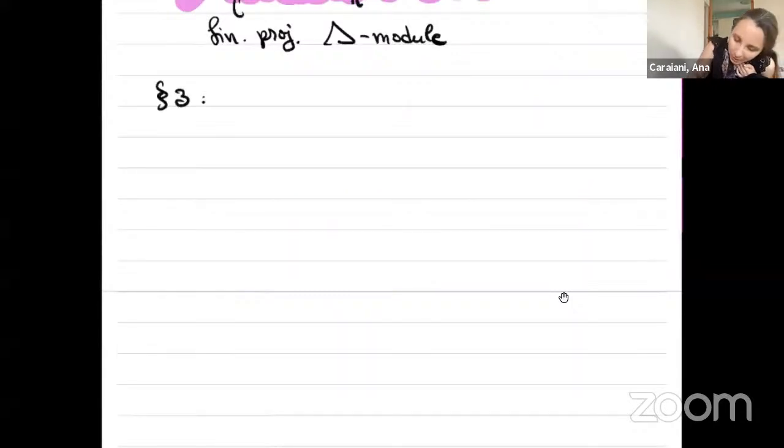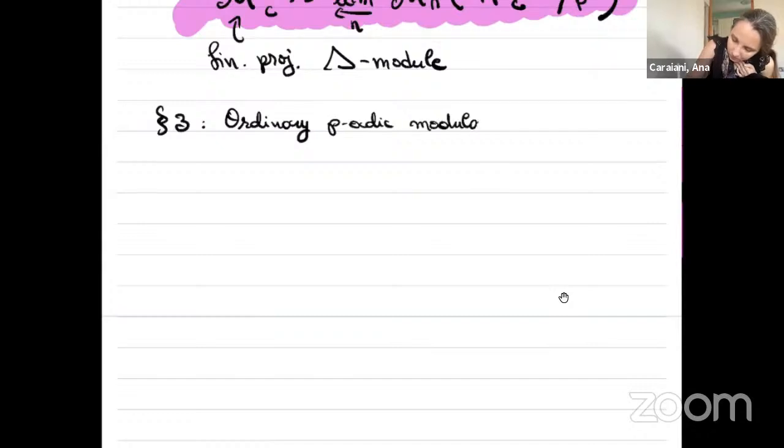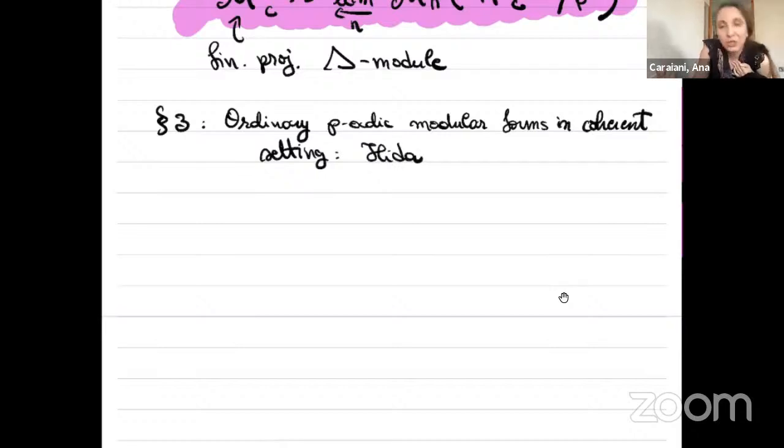I want to now talk about p-adic modular forms, or ordinary p-adic modular forms, in the coherent setting. There will be two spaces of ordinary p-adic modular forms that we care about that are dual.